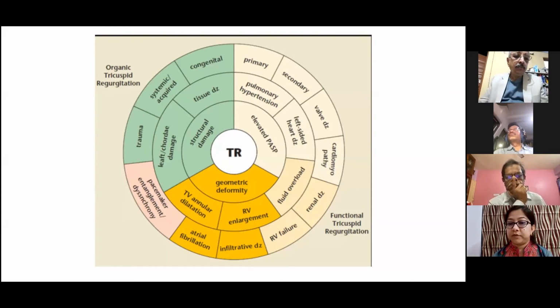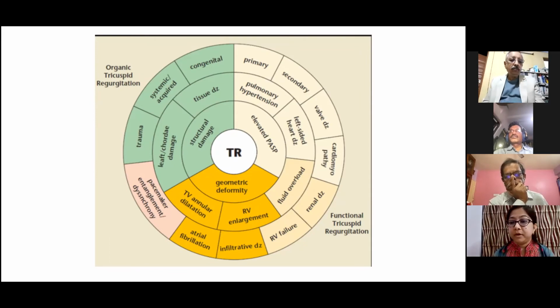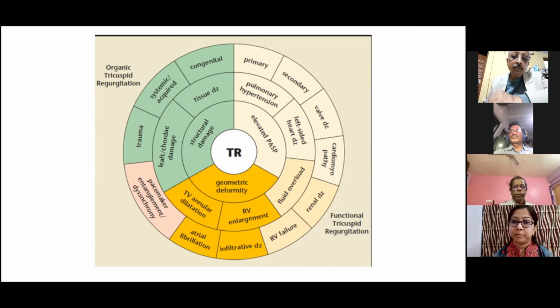Another common functional tricuspid regurgitation which we are getting is iatrogenic, mainly due to pacemaker entanglement and pacemaker dyssynchrony. As more and more pacemakers are being implanted, tricuspid regurgitation is growing. Around 38% of patients implanted with a pacemaker who have trace to moderate TR turn out to have severe tricuspid regurgitation over around 1 to 1.5 years.